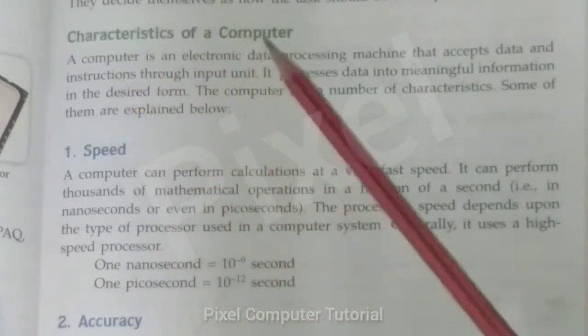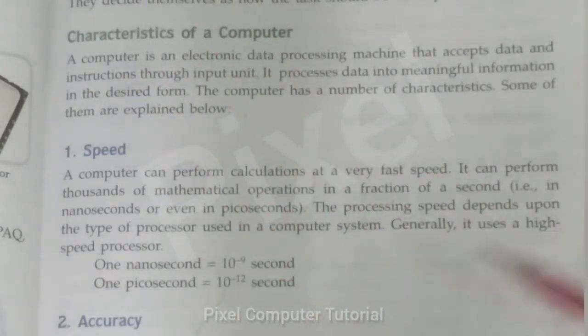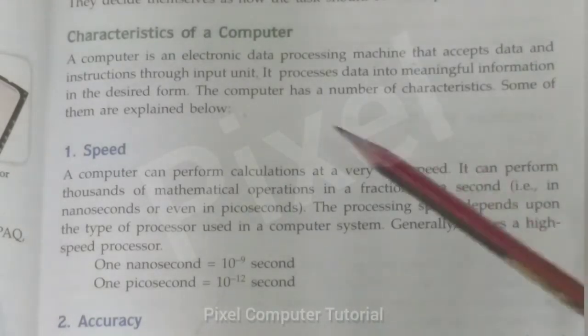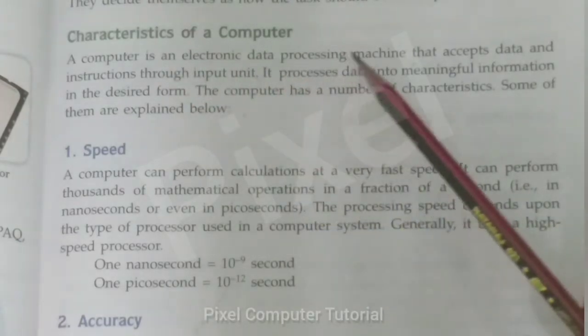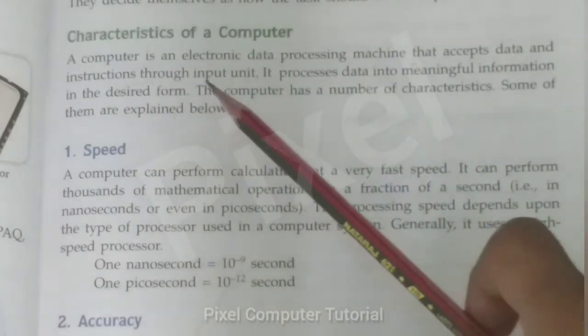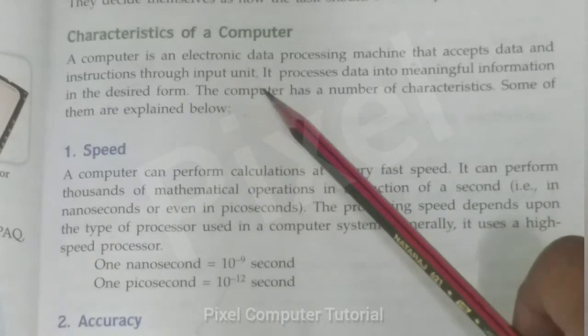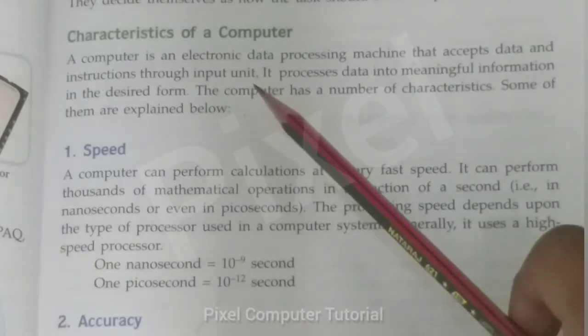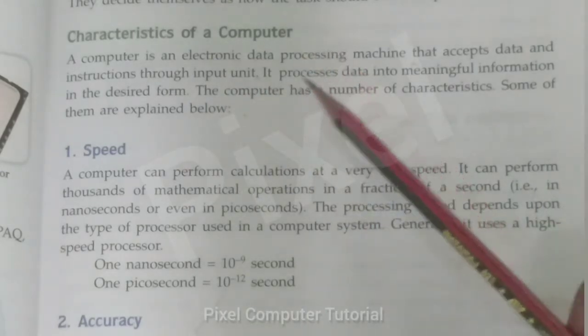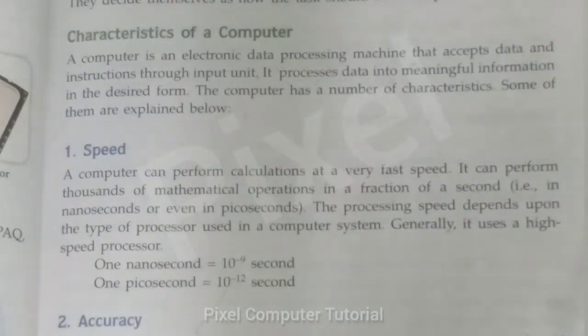That is, what is basically a question like, what is a computer? A computer is an electronic device which accepts data and processes that information through an input device, and then sends that information to an output device.